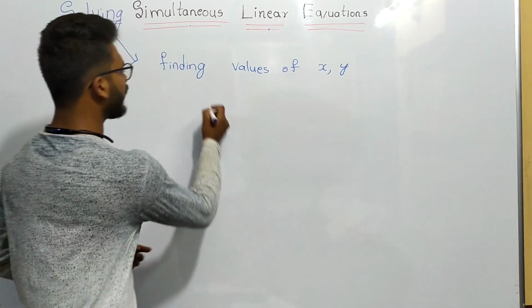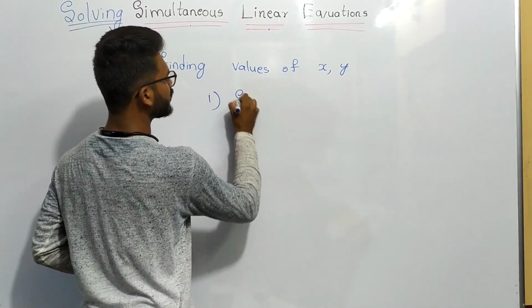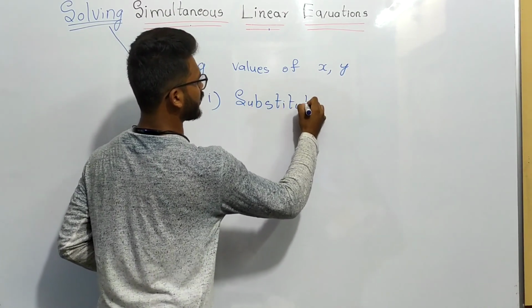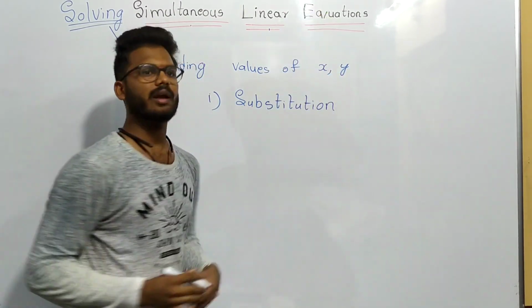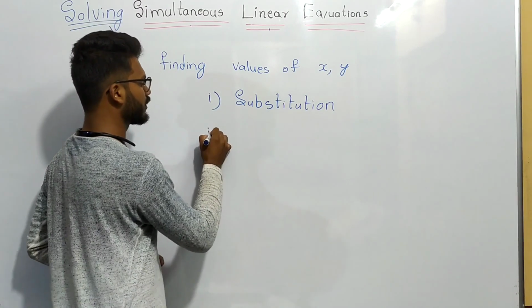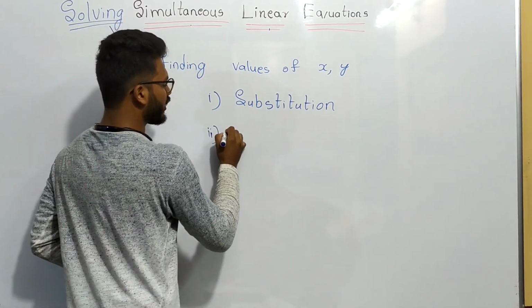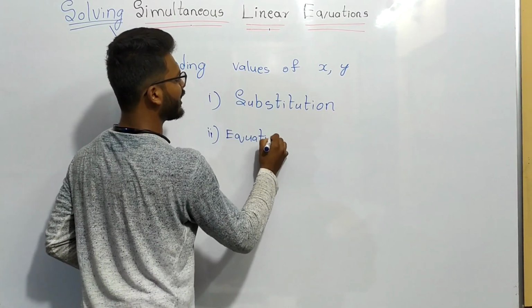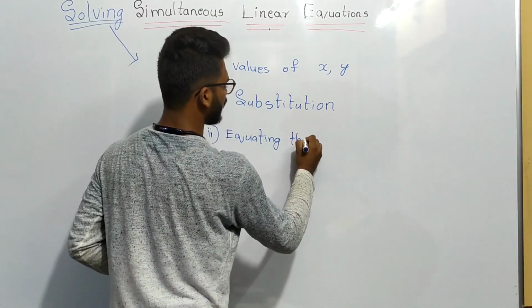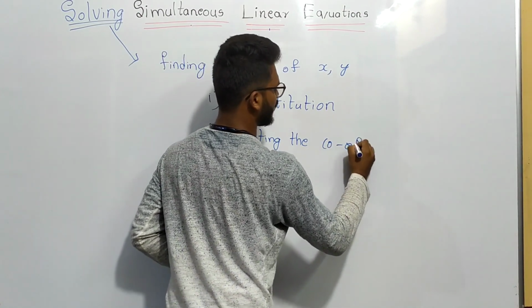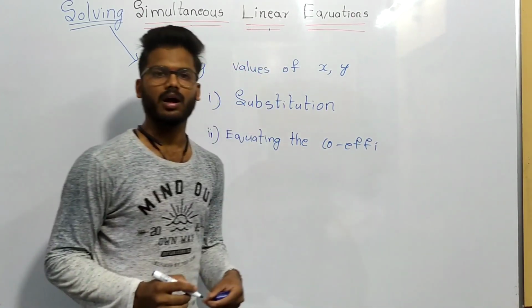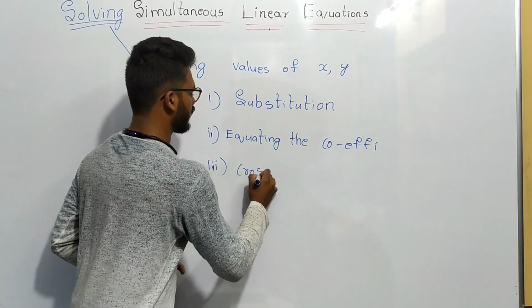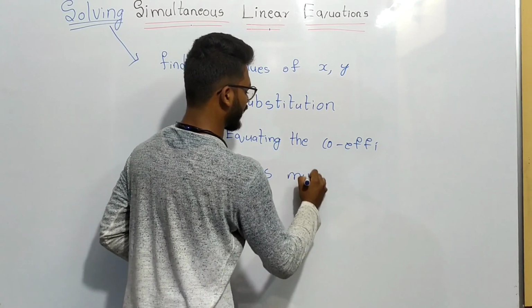Number one is the substitution method. Number two is equating the coefficients. Number three is the cross multiplication method.